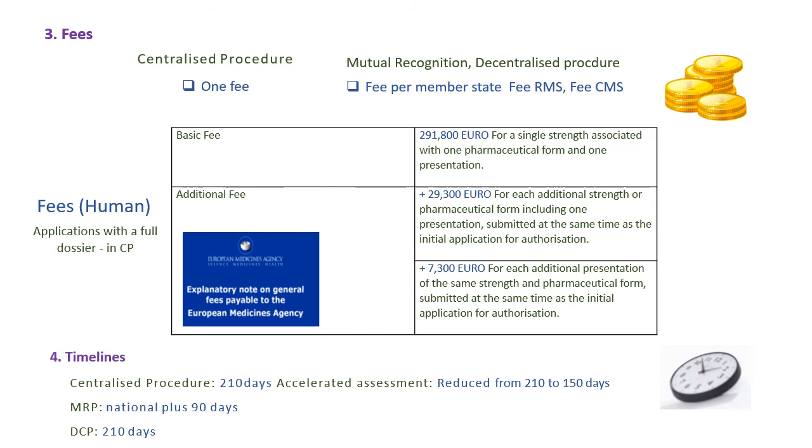So if you go for one member state, which would be a reference member state, it includes that time plus 90 days, which would again be around the same time as the centralized procedure. And even the decentralized procedure has 210 days of timeline. So depending upon how fast you need your marketing authorization, you need to decide on the timelines.